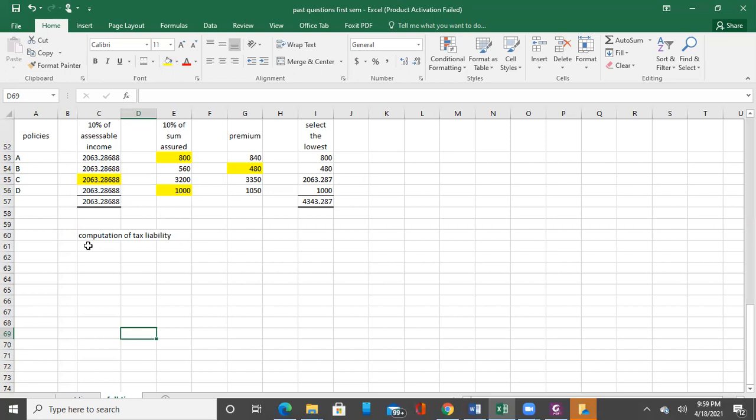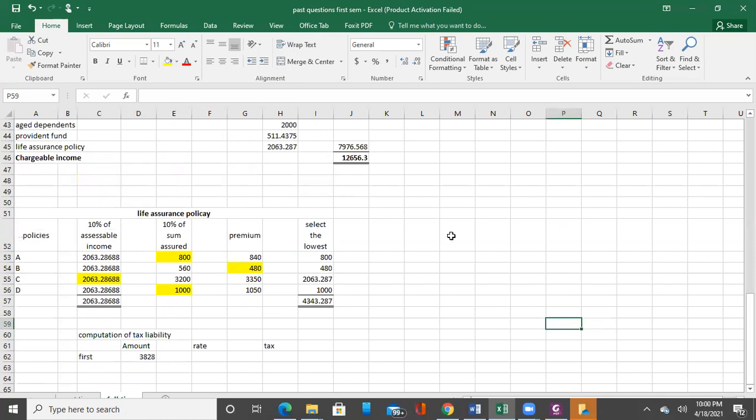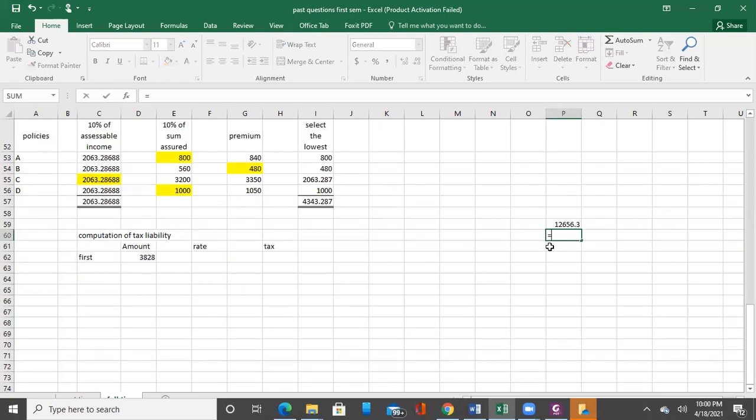The law is saying that for the very first 3828, they will tax you. So then let's do it: amount, then rates, then tax. So this is the amount of money you have and the government of Ghana wants to tax you on. So they are saying the first 3828, no tax.